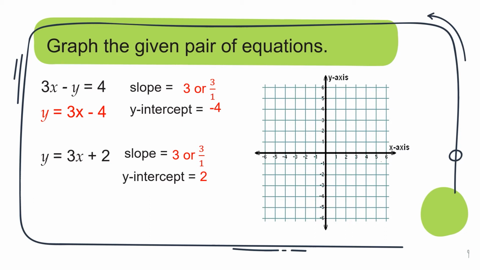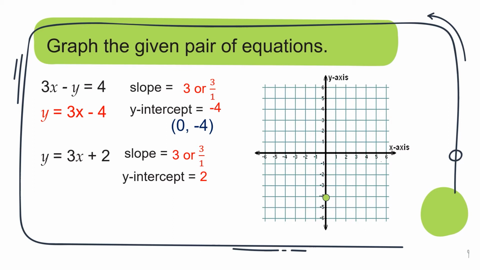For 3x minus y is equal to 4, the slope is positive 3 or 3 over 1, and the y-intercept is negative 4. So, the first point that we are going to use is at 0, negative 4, and that is located along the y-axis.